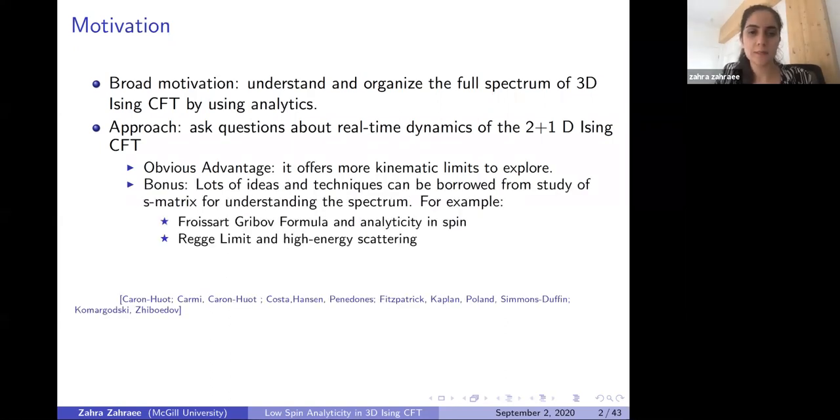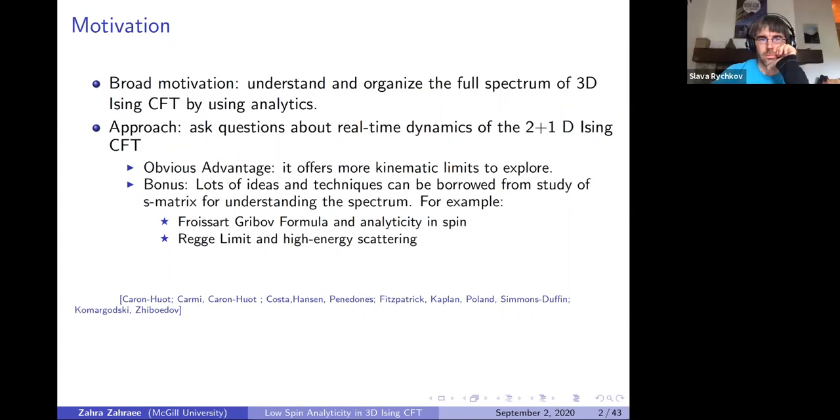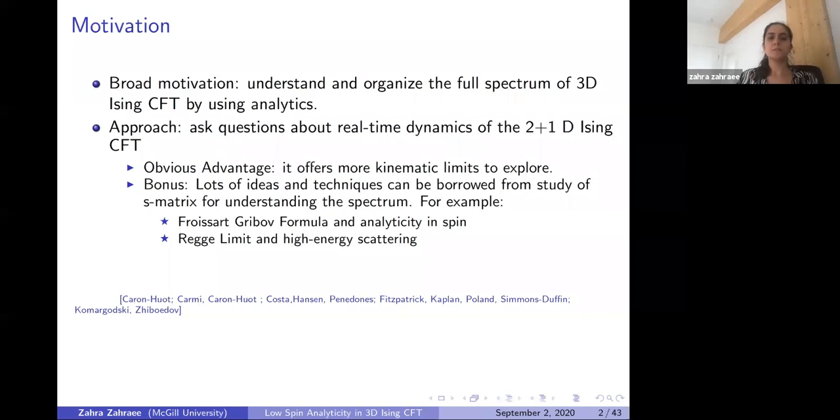And the bonus we get is that lots of ideas and techniques can be borrowed from the study of the asymptotics to understand the spectrum. For example, Forsyth-Gribov formula and analyticity in spin, and the Regge limit and high energy scattering. These are all examples of ideas which can be borrowed.